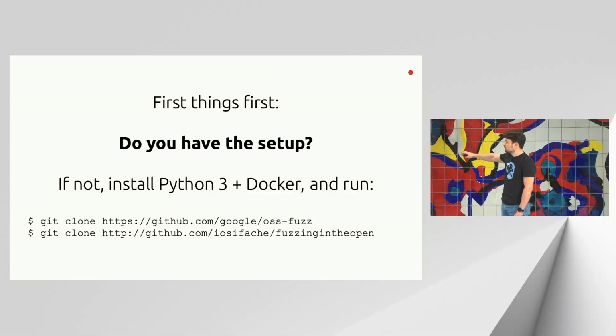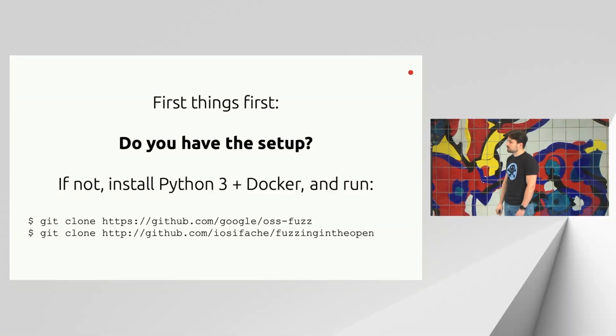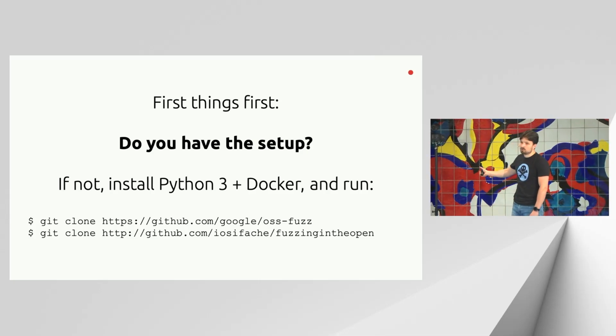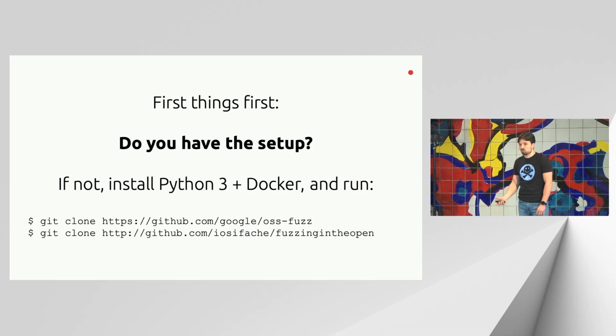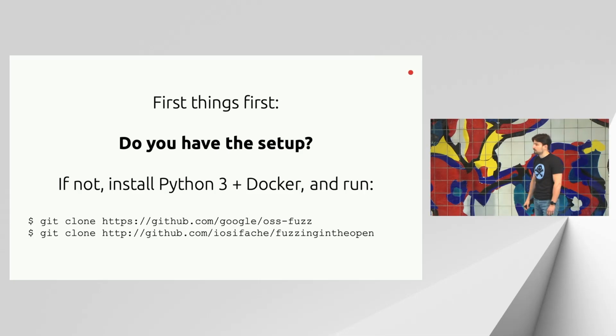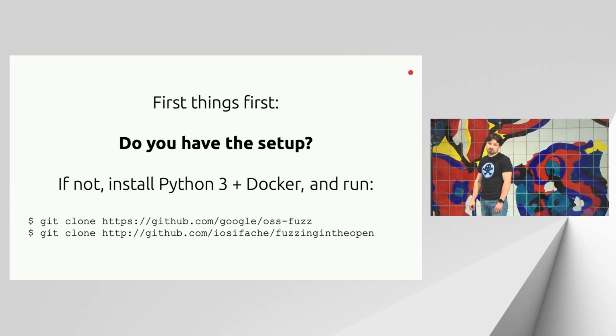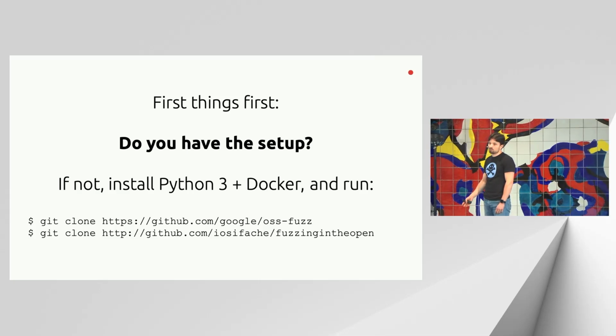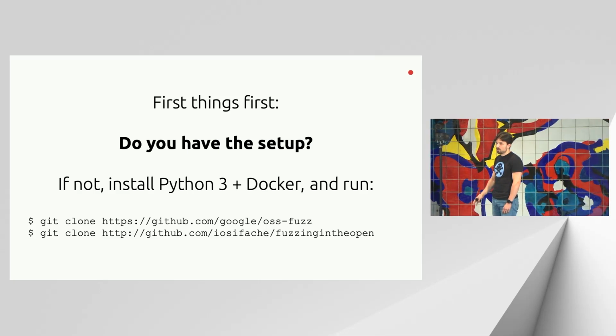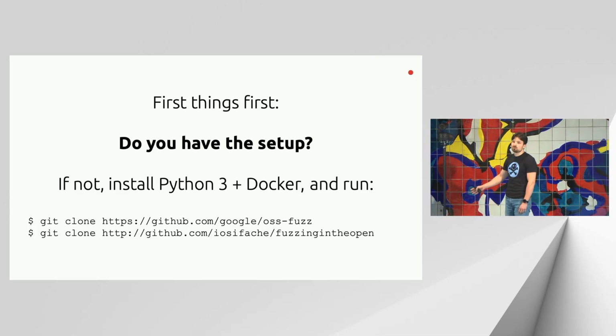So just run the 2 commands on the bottom, namely git clone for OSS-Fuzz. It should take like 1 minute with the internet connection that we have here. And cloning the last repository, which is basically hosting the files for this workshop. I will wait 1 to 2 minutes for you to do this.